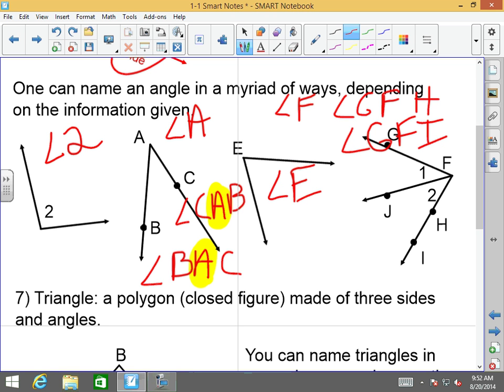Or I'm going to go backwards on it. You could go IFG or HFG.